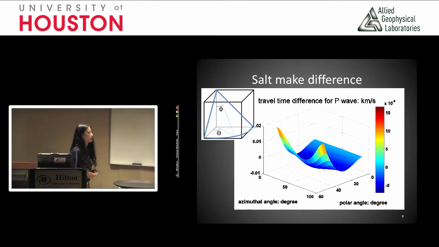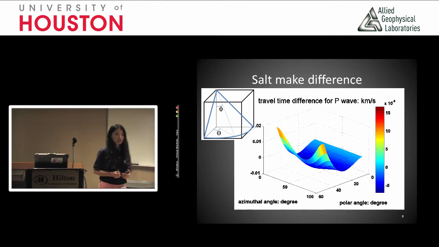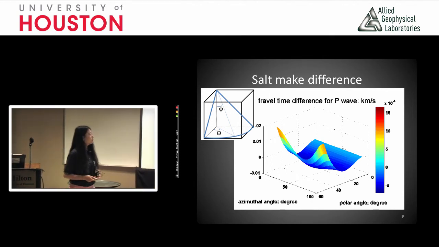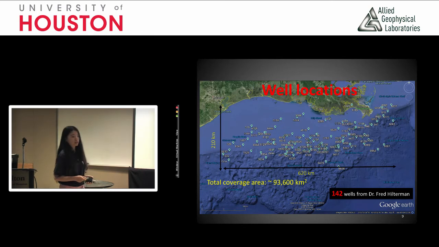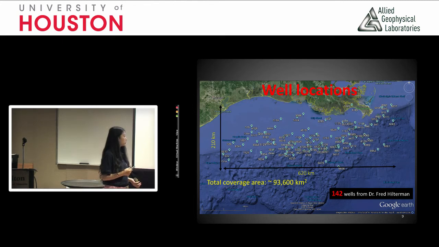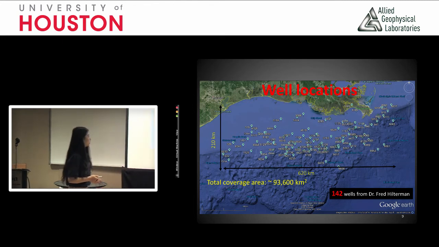So let's go to our second part. We are lucky to get a lot of data from Dr. Huffman: in the Upper Gulf of Mexico area, we have 142 wells that drilled through the salt. So basically, it covers most of the Upper Gulf of Mexico area, and the coverage is up to near 100,000 square kilometers.